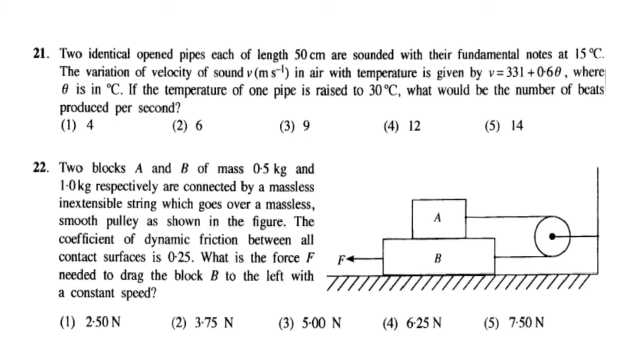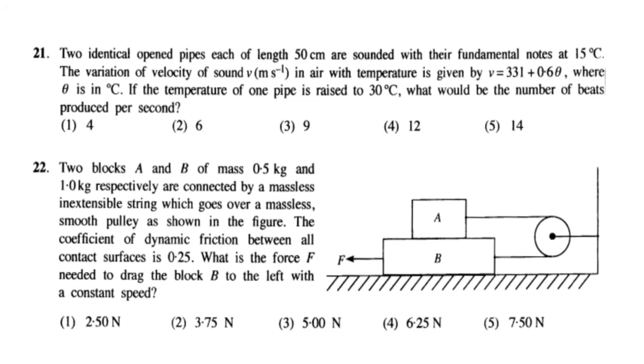V on the y-axis, theta on the x-axis, and the gradient of it is 0.6 and the intercept is 331. You can mark the speed of sound at 15 degrees Celsius as v1 and at 30 as v2. So you can mark v1, v2 on the graph.